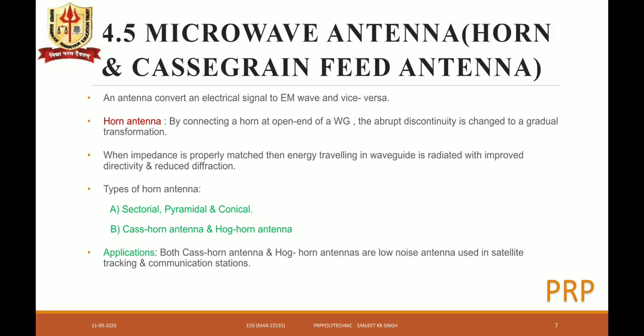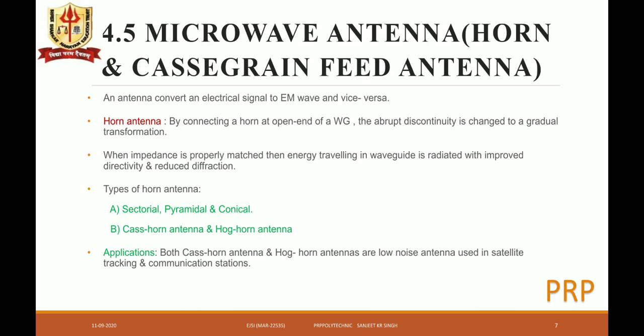Now let's see the microwave antenna. The horn antenna we have already seen. An antenna converts an electrical signal into an electromagnetic wave and vice versa; that is, parallel incoming waves are focused to a focal point, the feed point, and from the feed point they go to the receiver.